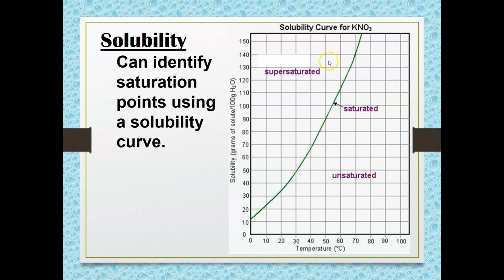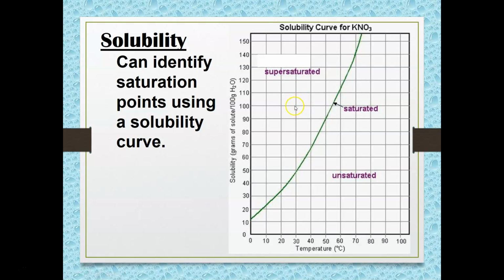So if I give you temperatures, you can use the graph to get information about how much can dissolve. If you want to make a supersaturated solution, let's say you want to be able to get 100 grams dissolved in a 30-degree solution.